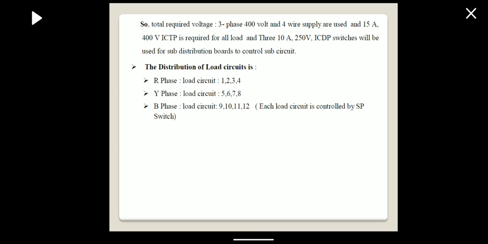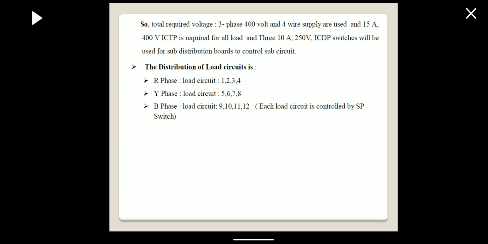So a 3-phase 400 volt 4-wire supply is used, and a 15 ampere 400 volt ICTP is required for all the loads, and 10 ampere 250 volt ICTP switches will be used at the sub distribution board to control the sub-circuits.